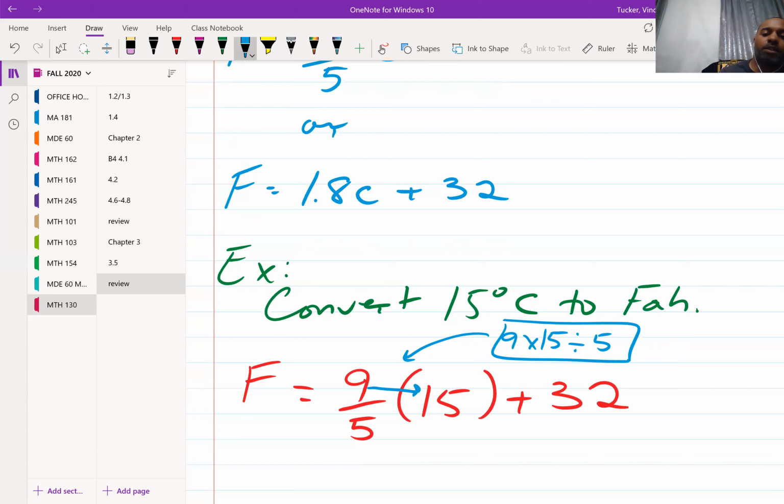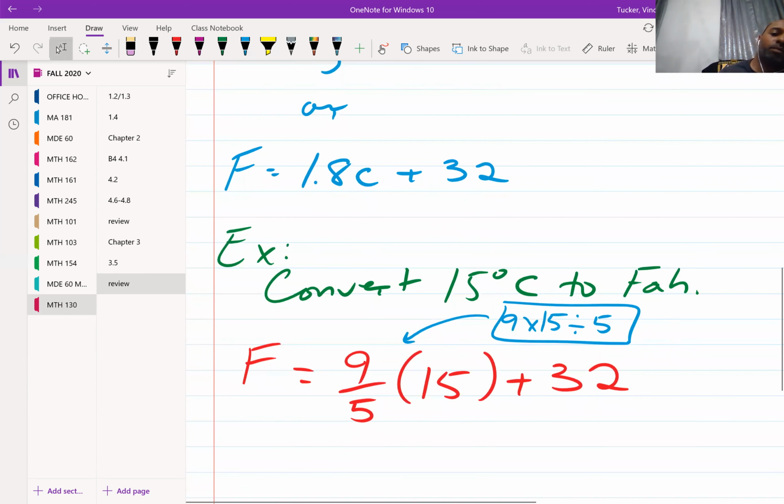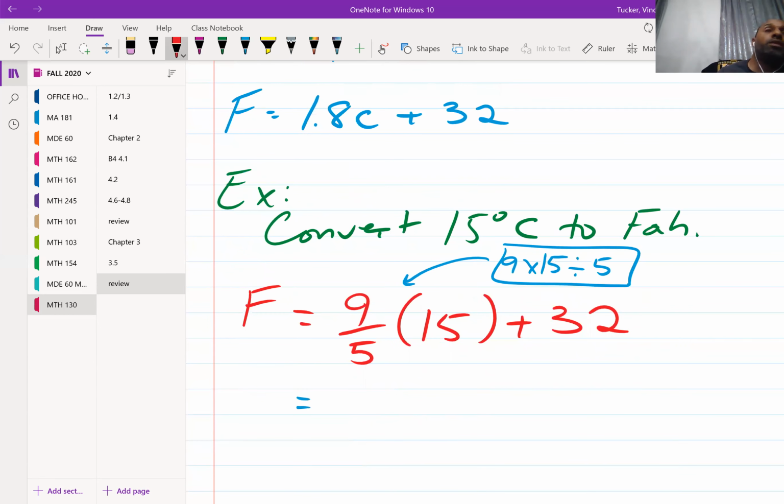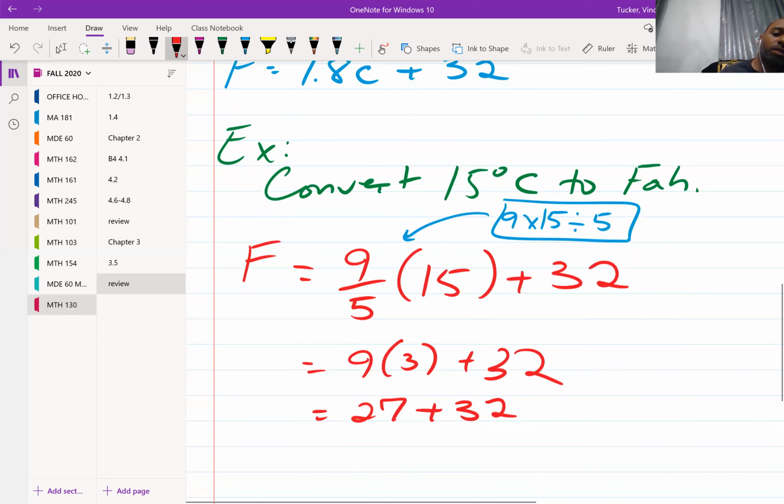So 9 times this number divided by that number. If I was doing this by hand, though, I would divide the 5 into the 15. That gives you 3. Then 9 times 3 is 27, plus 32, 59 degrees Fahrenheit.